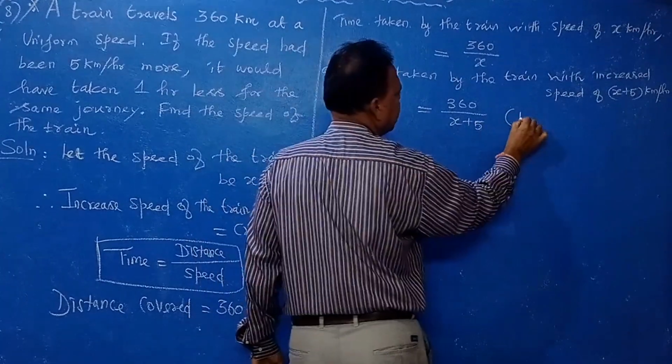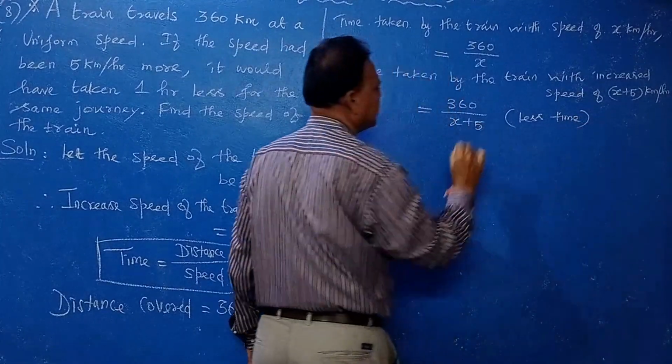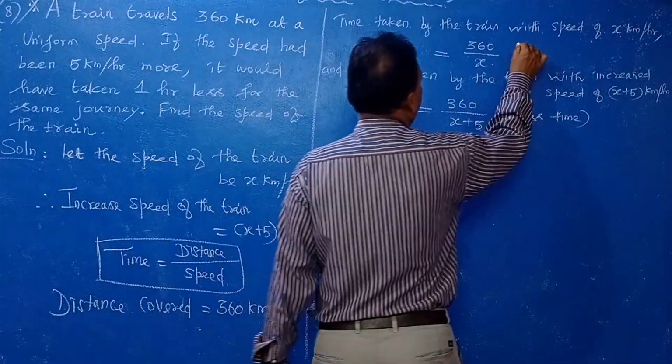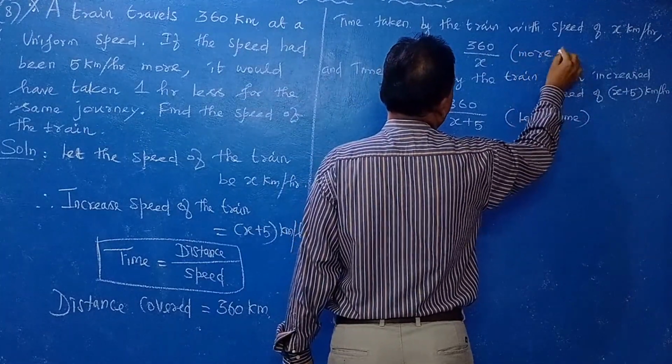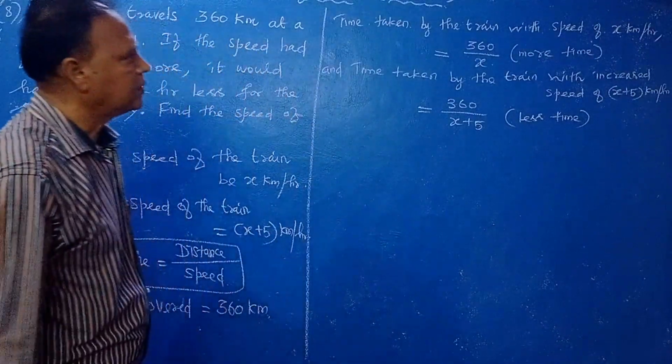So this is less time. You know very well, this is less time, because more speed means the time taken is less. Here, with the actual speed, it is taking more time.